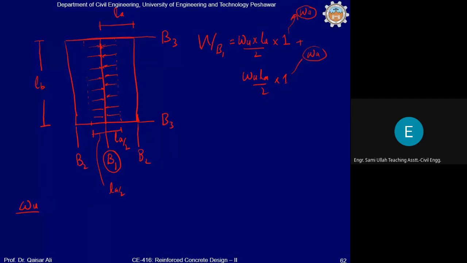Similarly, if you want to calculate the load acting on B2, so can you calculate the load acting on B2? Load acting on B2 will be how much? Quickly, shabash. So LB half, sir. wu LA by 2 multiplied by 1.